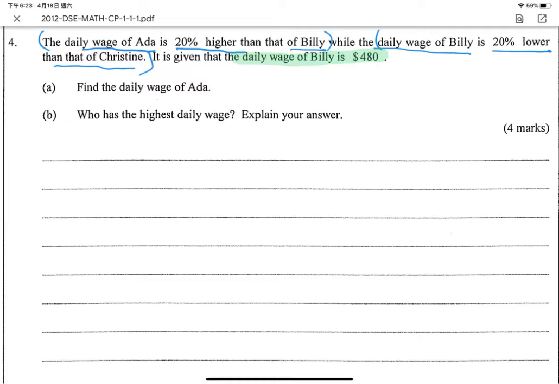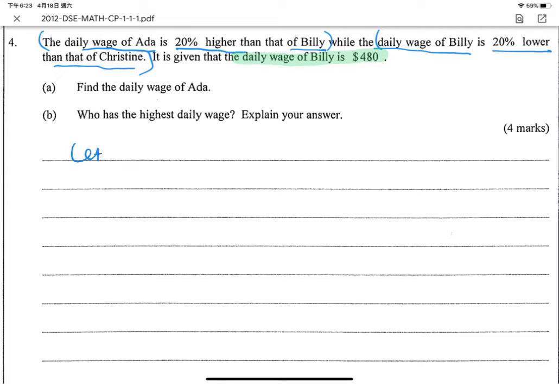Actually this topic, percentage, is a little bit related to the previous topic, setting up equations. You can set up simultaneous equations here. So let's do it. Let me do it in this way.